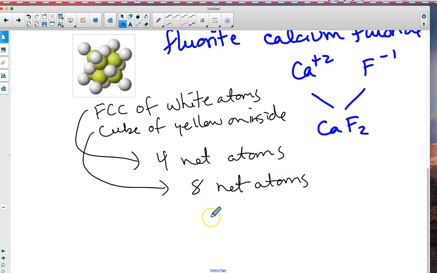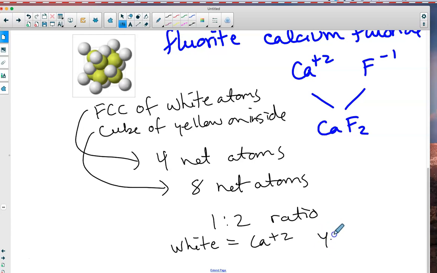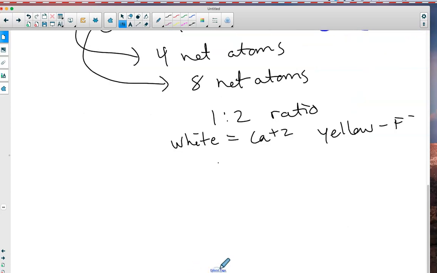That reduces down to a 1:2 ratio. And so the white must be the calcium, and the yellow must be the fluoride, because then that gives us the correct ratio that we want of 1 calcium to 2 fluoride ions.